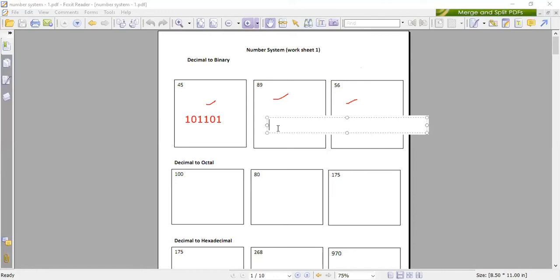89, you should divide by 2. The answer is 1011001. 56 is 111000. Those who have made a mistake can recheck where you went wrong. Sometimes when dividing by 2 you get confused.